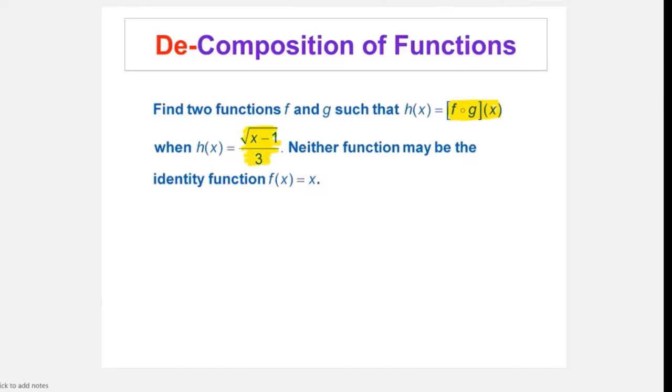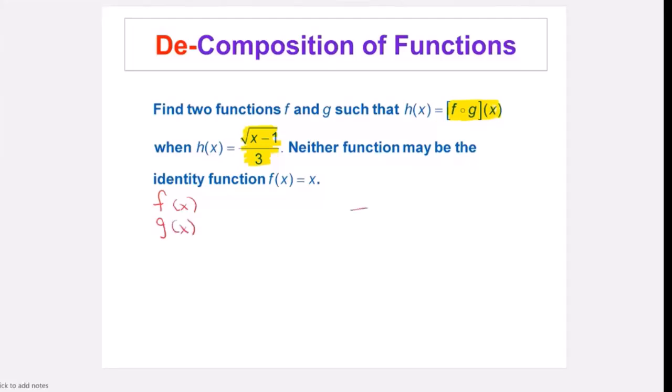Okay, and very important, it's saying neither function may be the identity function f of x equals x. Why is that? Well, if I say one of them is f of x equals x, I don't have to do any work. I just say g of x equals this function and f of x equals x, and I just plug it back in and it doesn't matter. So we have to do something a little more fancy than that. So let's talk about f of x and g of x.